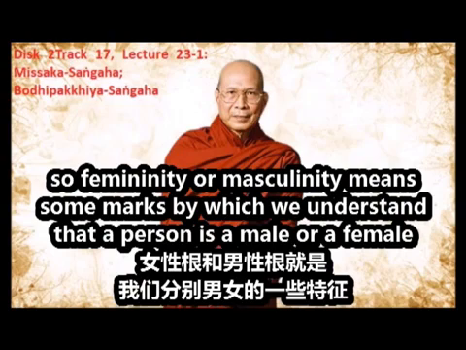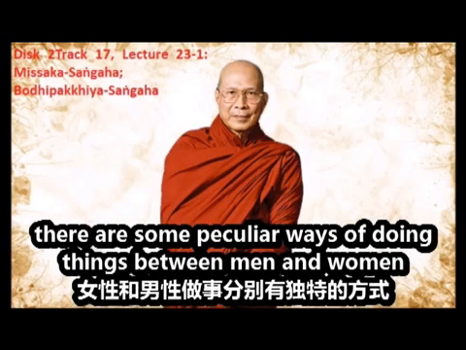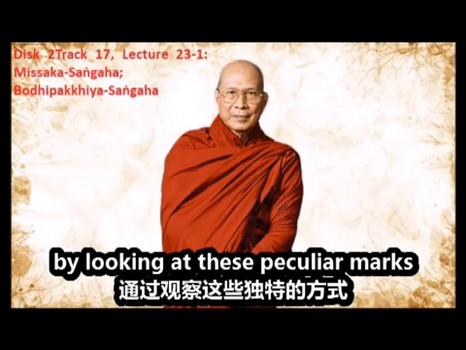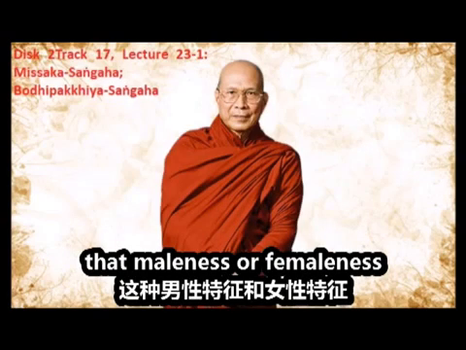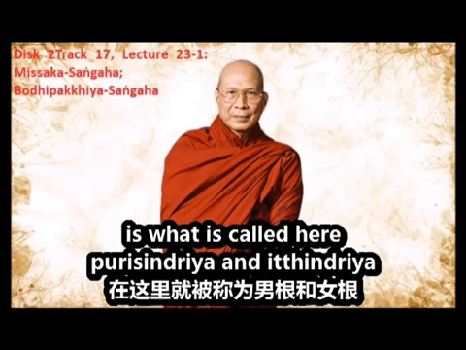So femininity or masculinity means some marks by which we understand that a person is a male or a female. There are some peculiar ways of doing things between men and women. By looking at these peculiar marks, we know that a certain person is a male or a female. That maleness or femaleness is what is called here purisindriya and itthindriya.